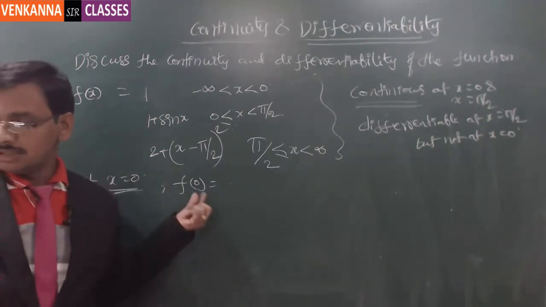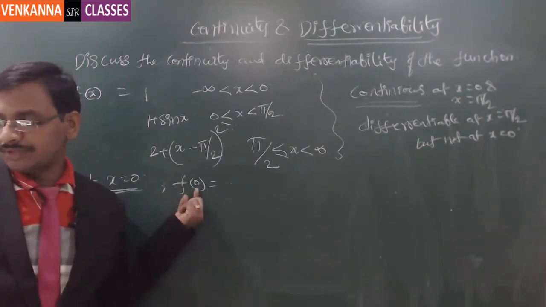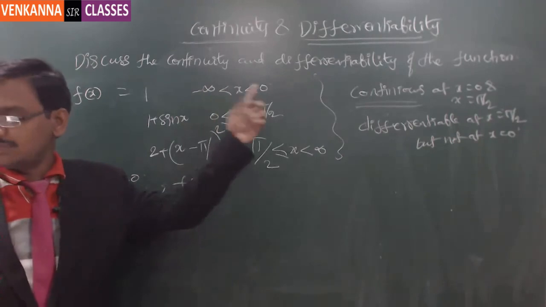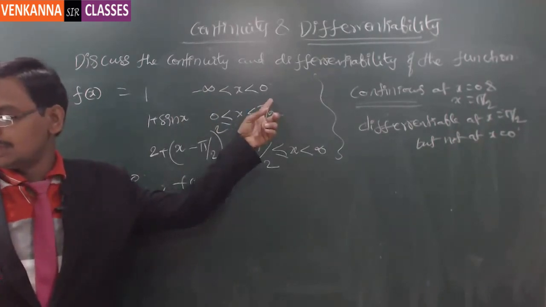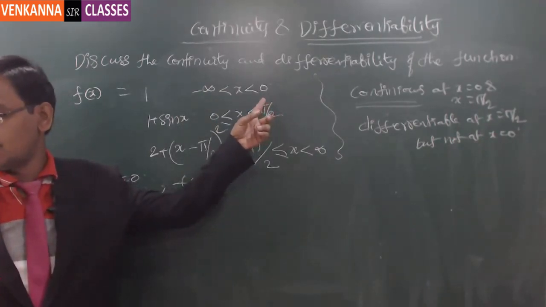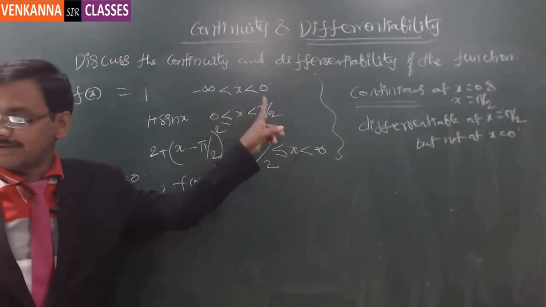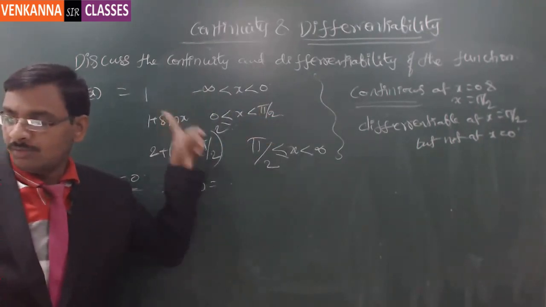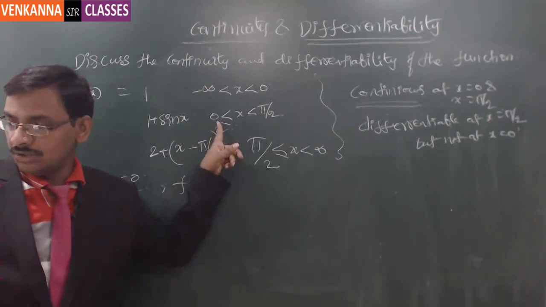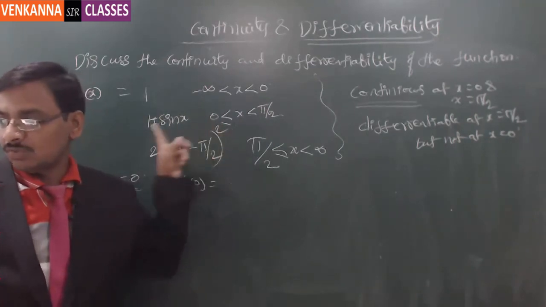Where there is the 0 condition, that is here, minus infinite to 0. Yeah, that's exactly the problem. So Anubhav, see this, minus infinite to 0, this is 1, but from 0 including 0, this is 1 plus sin x.